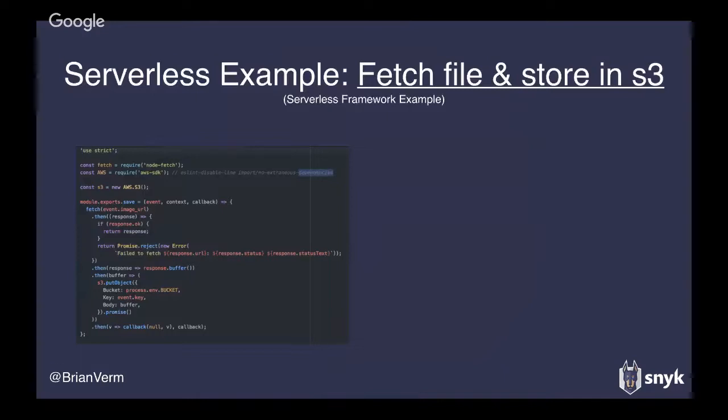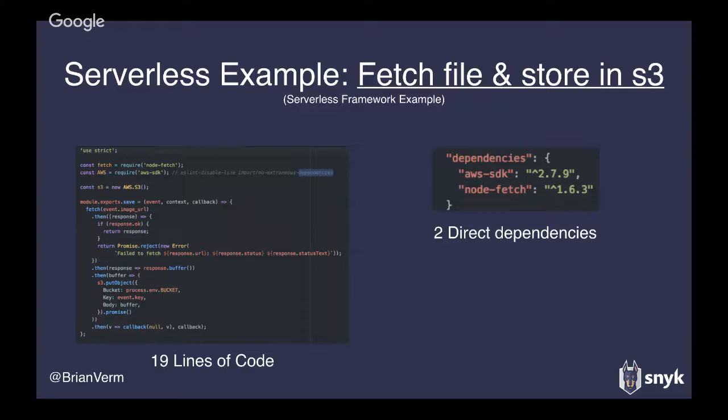But having an example like this, say we have a serverless example of 19 lines of code. As you can see, it has 2 direct dependencies, right? But dependencies have dependencies, having more dependencies. In total, because AWS SDK probably is a big one, it comes onto 19 dependencies, which is still a fair amount.